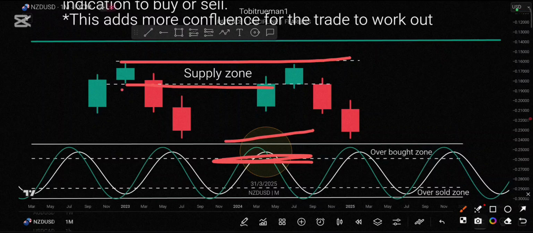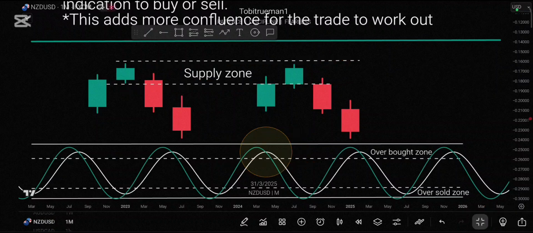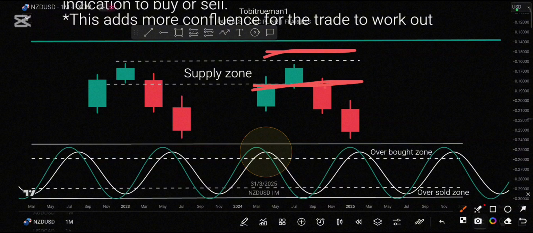If you see this type of structure on the daily time frame, and we mark out our supply or demand zone, and price has gotten to an overbought zone on the oscillator, all we have to do is set our entry, put our stop loss, and target any point we want. Then we can sell this trade confidently, believing that it's going to play out.